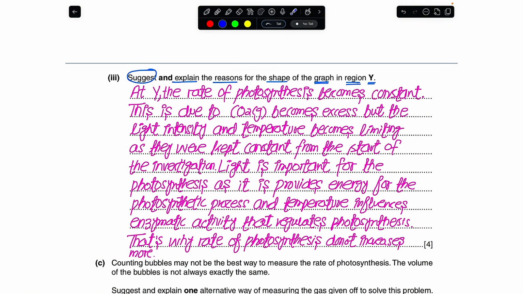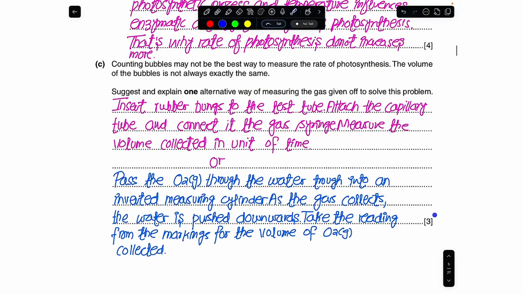Moving onward, for 3 marks, they are asking us that counting the bubbles may not be the best way to measure the rate of photosynthesis. As I have mentioned above, counting the bubbles of the oxygen gas is proportional to the rate of photosynthesis. They say the volume of the bubbles is not always exactly the same.